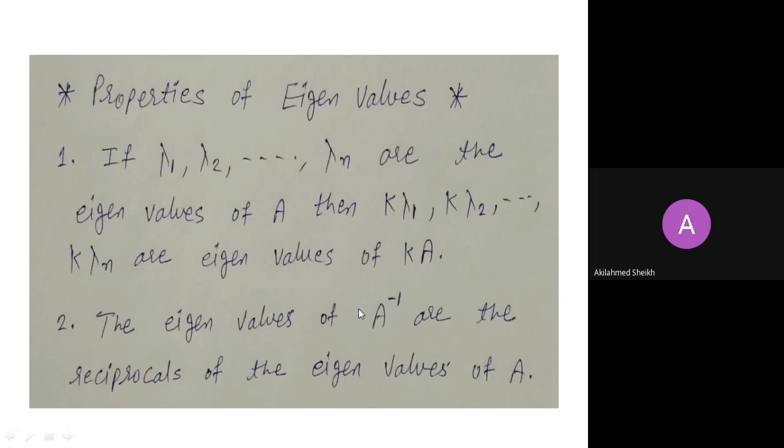The eigenvalues of A inverse are the reciprocals of the eigenvalues of A. For example, if lambda 1, lambda 2 up to lambda n are the eigenvalues of A, then the eigenvalues of A inverse will be its reciprocals, means 1 by lambda 1, 1 by lambda 2 up to 1 by lambda n.